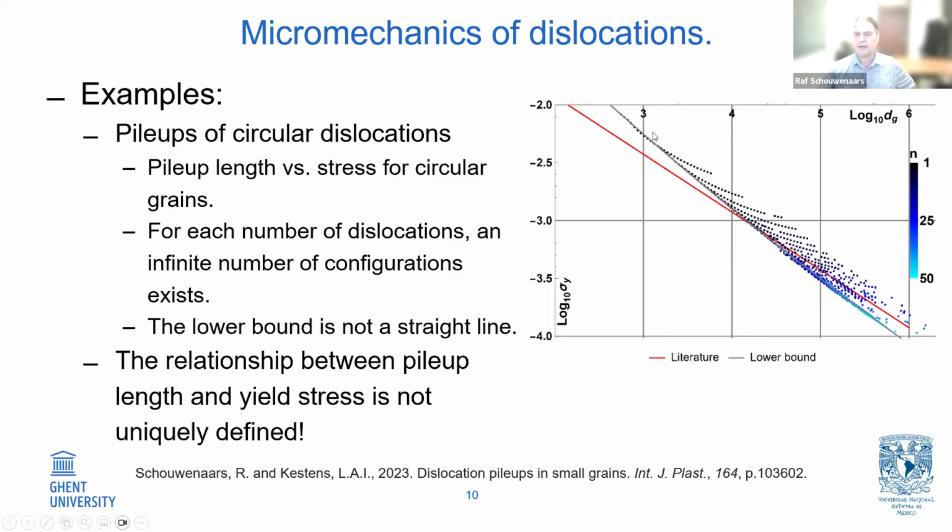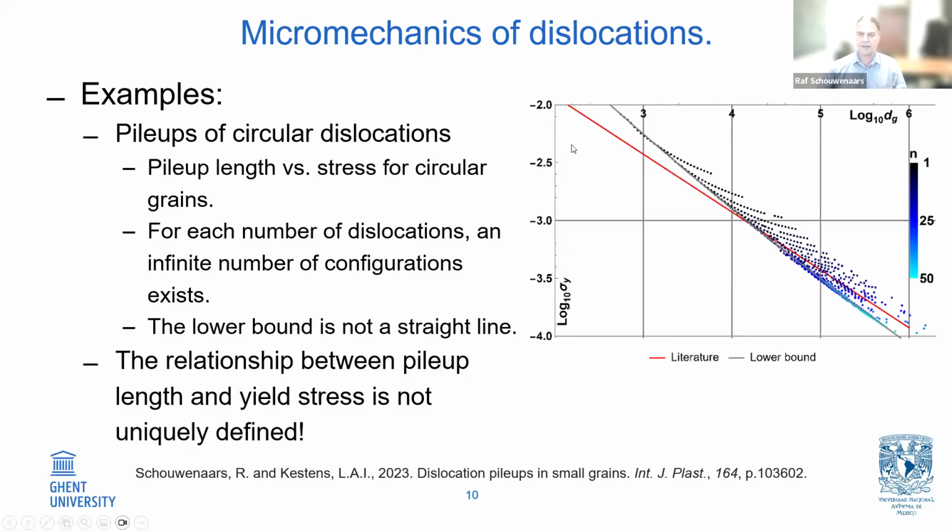And you see that for each number of dislocations, there is in fact an infinite number of stable configurations. So contrary to the classical theory of dislocation pileups, where it is stated that each pileup length corresponds to a single stress, that's not true.